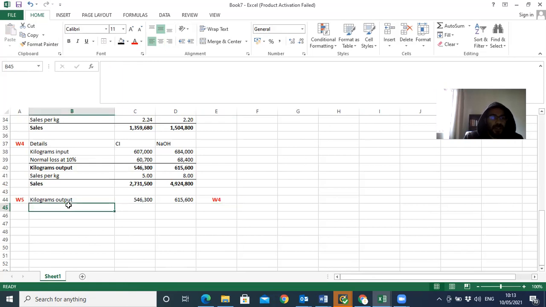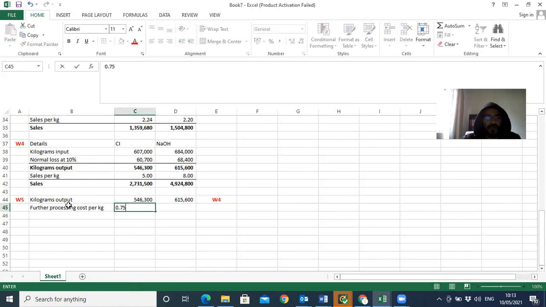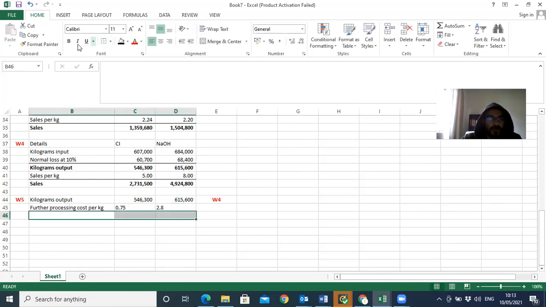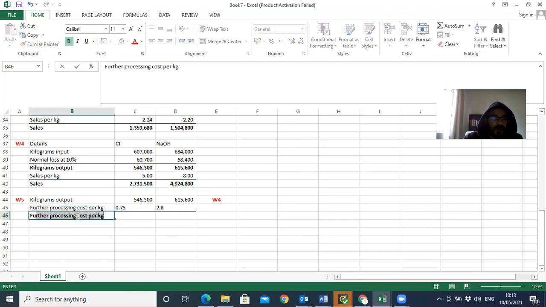So now we're going to say further processing costs per kilogram. I think for this one was 75 cents, and for that one it was 2 Rand 80. Then we can get further processing costs.